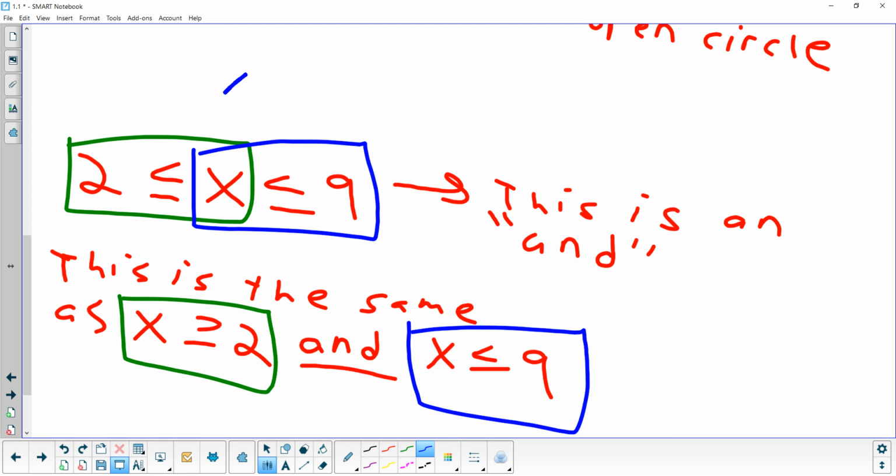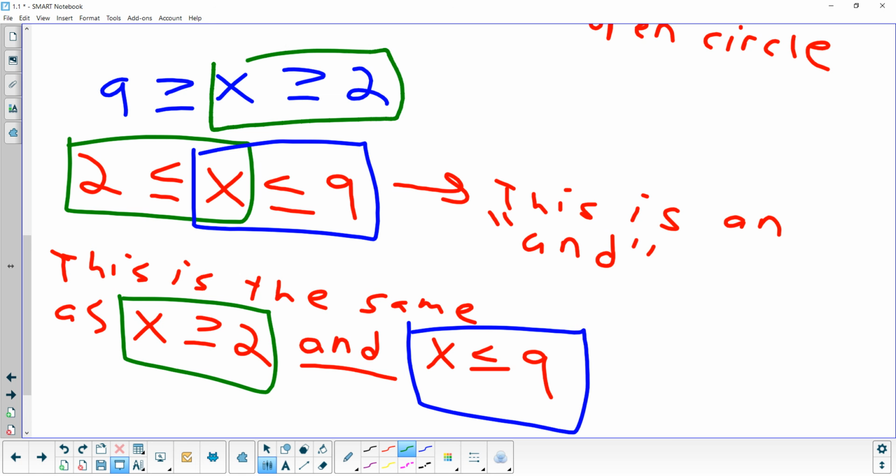Could you do this? Is that the same thing? Yeah, that's the same thing.